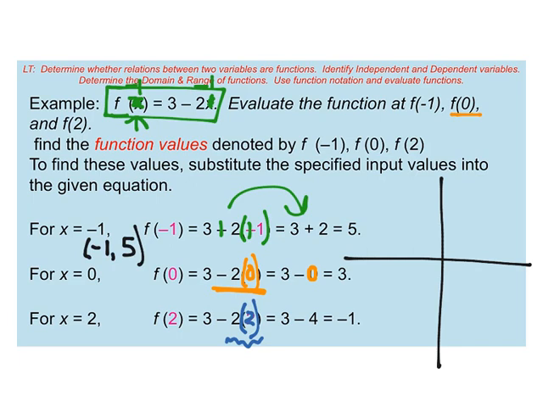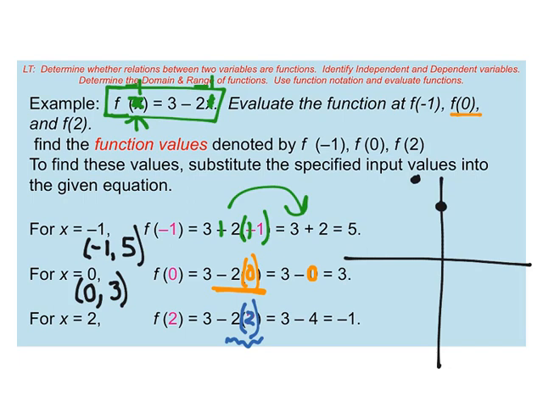And so this is a rough sketch, meaning it's not perfect or exact, but the visual is consistent with what the graph actually is. -1, 5 is somewhere up in here. Okay. For the second one, when the x value is 0, f of x is 3, or the y value is 3. So that would be somewhere around in here.